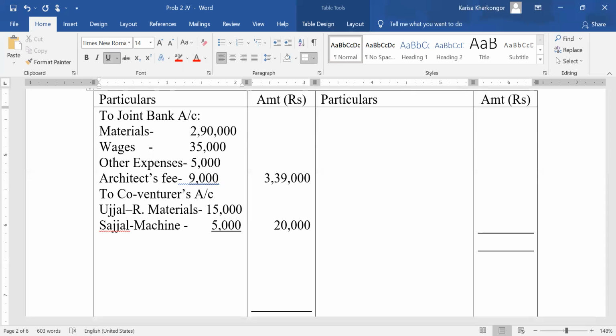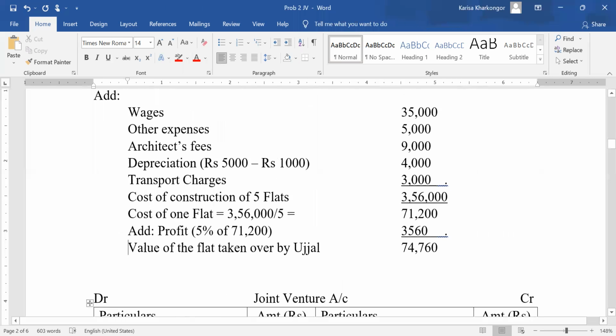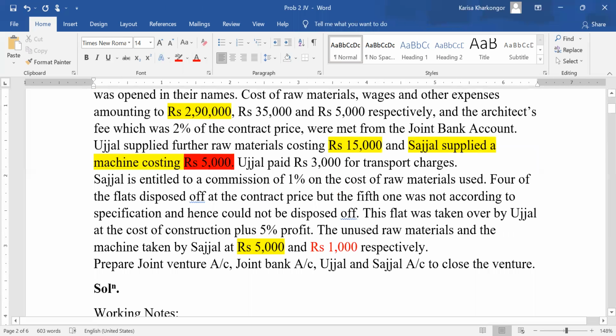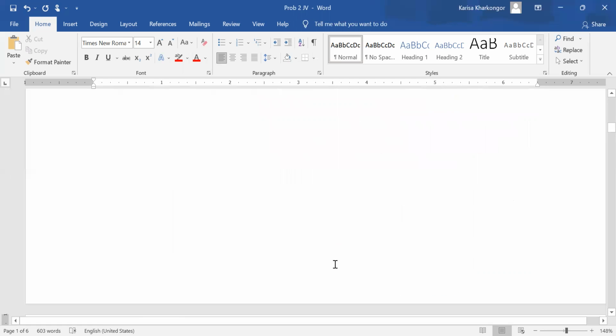Next, apart from the raw materials and the machines supplied by them, we also have transportation charges paid by Ujjwal and the commission to which Sajal is entitled. Commission of 1% on the cost of raw materials used.